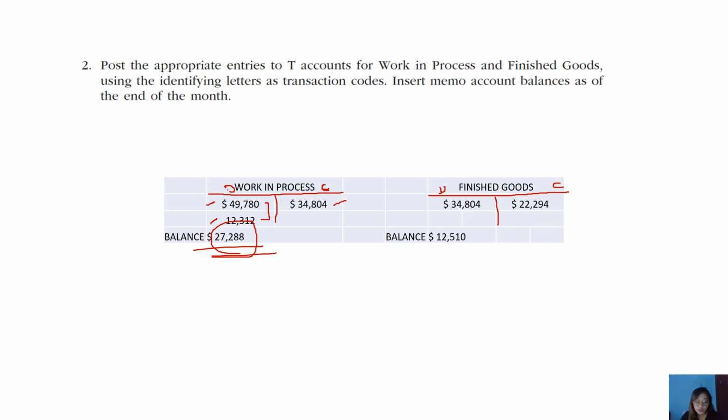On letter F, we have debited finished goods amounting to 34,804. And then we have credited finished goods amounting to 22,294. So when we subtract debit to credit, we will get the balance of 12,510.